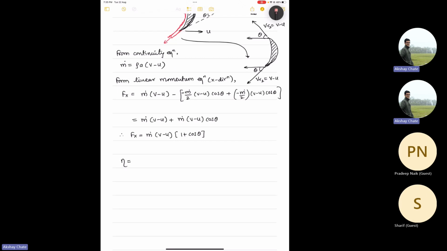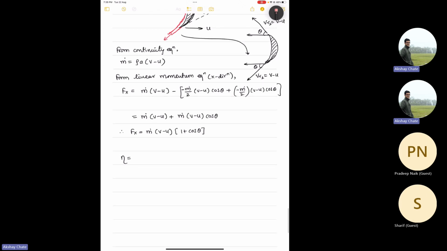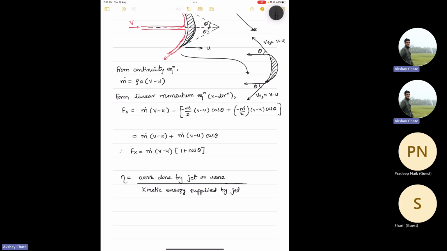So efficiency is nothing but the work done by the jet on the vane divided by the kinetic energy supplied by the jet, right? The jet was coming with some kinetic energy, it hits the plate, and the plate is producing some work. That is what efficiency is called.